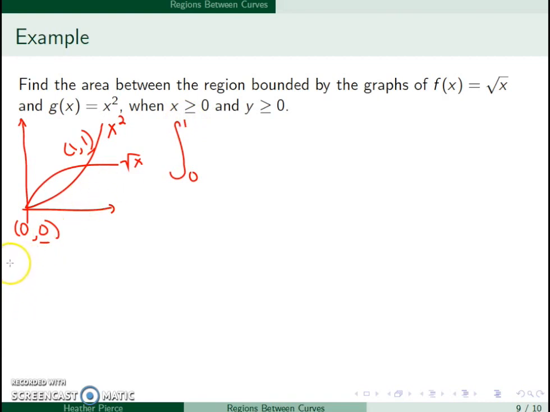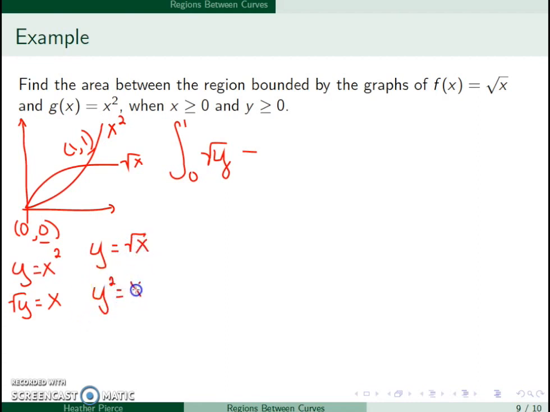For my functions, I'm going to look at left and right rather than top and bottom. On the right, I have y equal to x squared, which means that the square root of y is equal to x. So this one is the square root of y. The one on the left is y equal to the square root of x, squaring both sides.